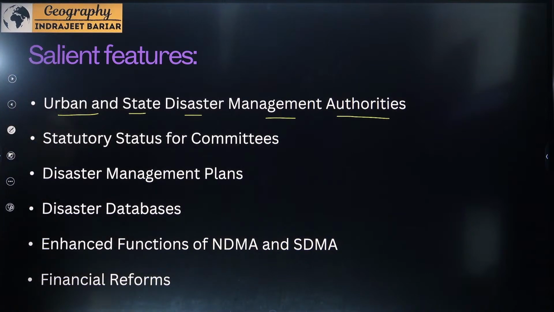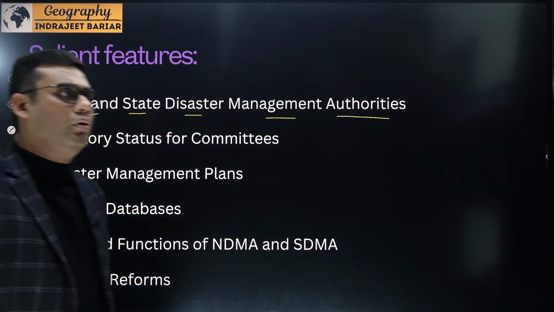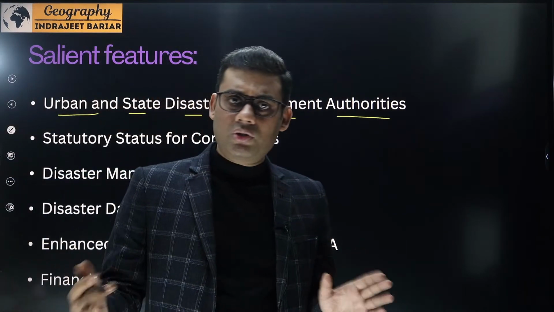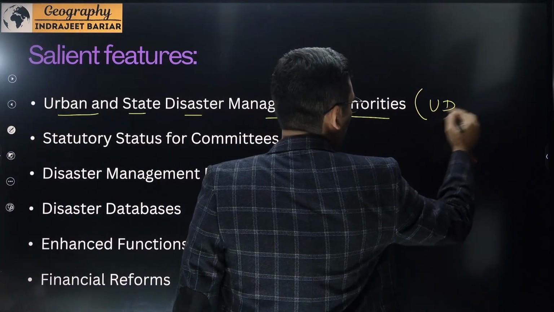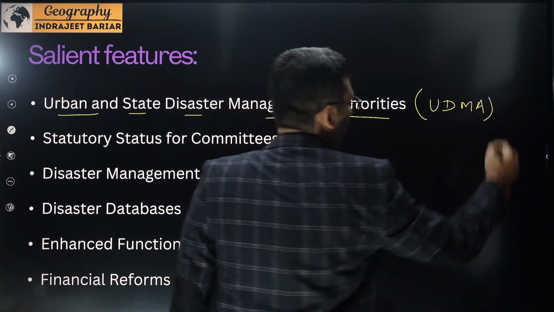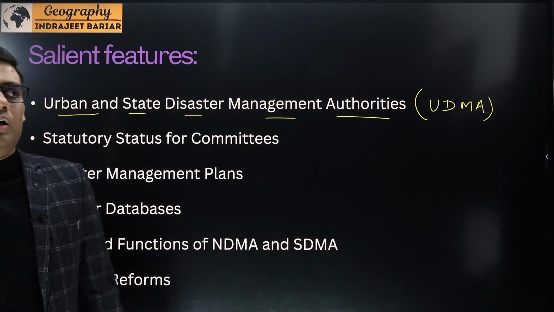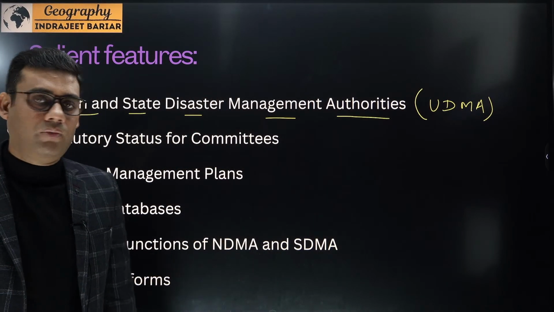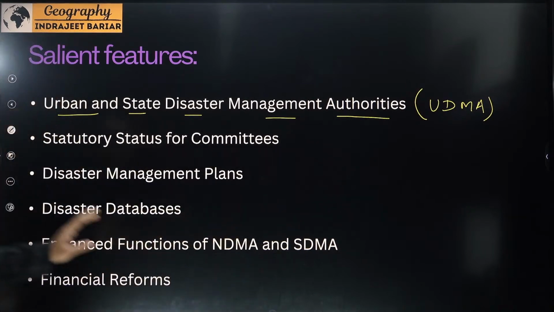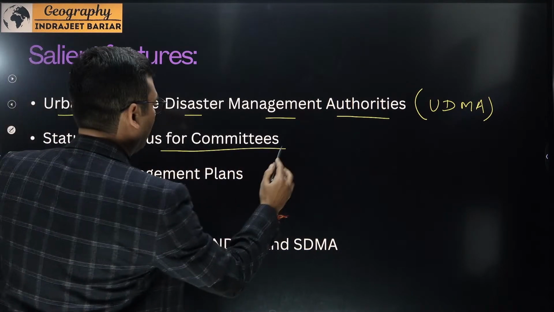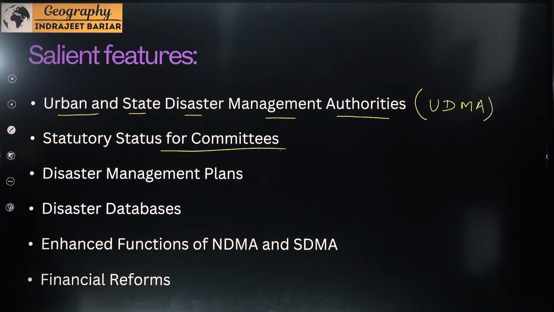The State Disaster Management Authority, and most importantly the Urban Disaster Management Authority. At the urban local body level, a disaster management authority has to be created, so it calls for that. Secondly, the committees which are there now have to be provided statutory status.